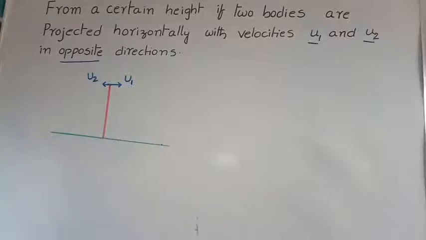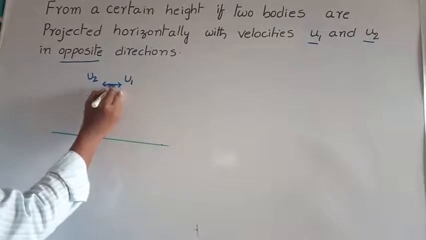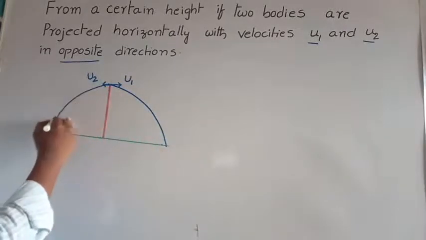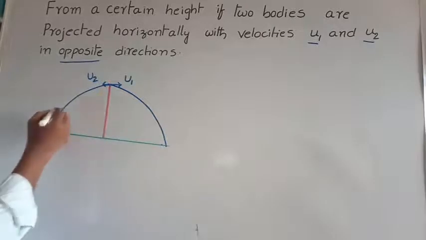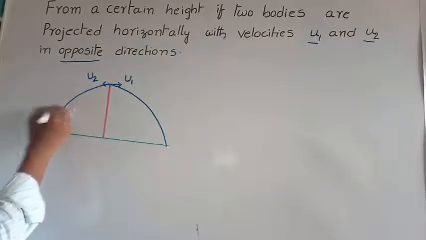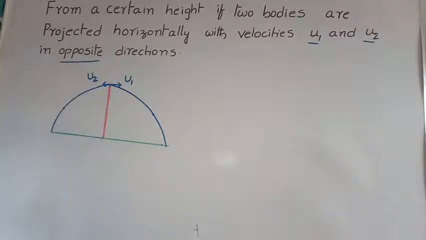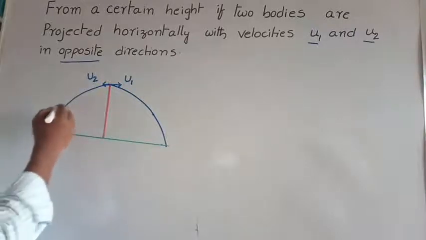Next, after what time are the displacement vectors perpendicular? Now here two bodies are projected in opposite directions. After t seconds, this is the position of the second body and this is the position of the first body. Displacement vector we want. The line joining the initial and final point gives the displacement vector.